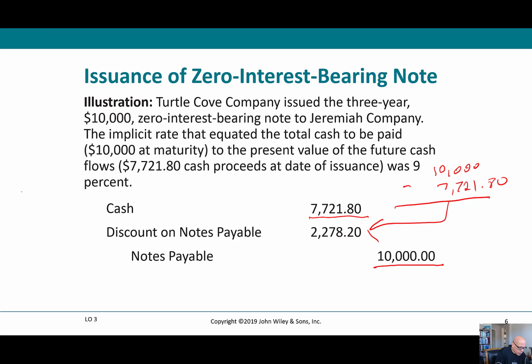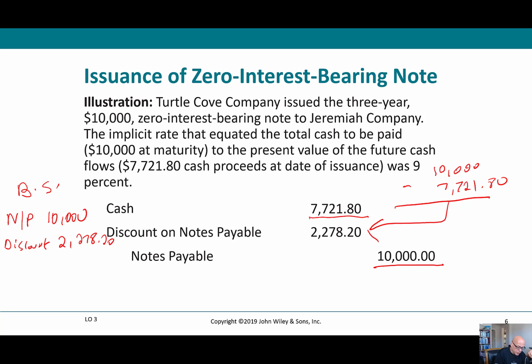Now, just to quickly remember the balance sheet presentation, I'm just going to do the liability section for this. My note payable would be $10,000, okay. I would show the discount, which we just calculated, as the difference between the face of the note and the present value.